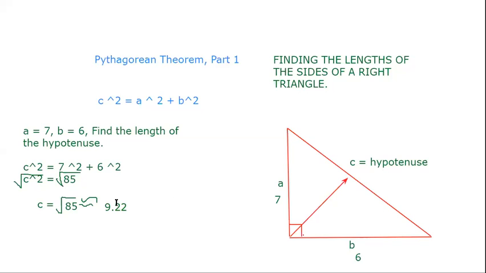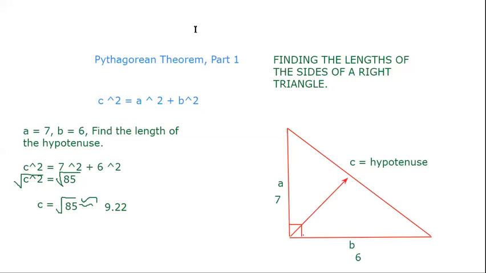Okay. All right, well, now let's look at what we do when maybe we're given the length of one of the legs and the hypotenuse, and we're trying to find a missing leg.